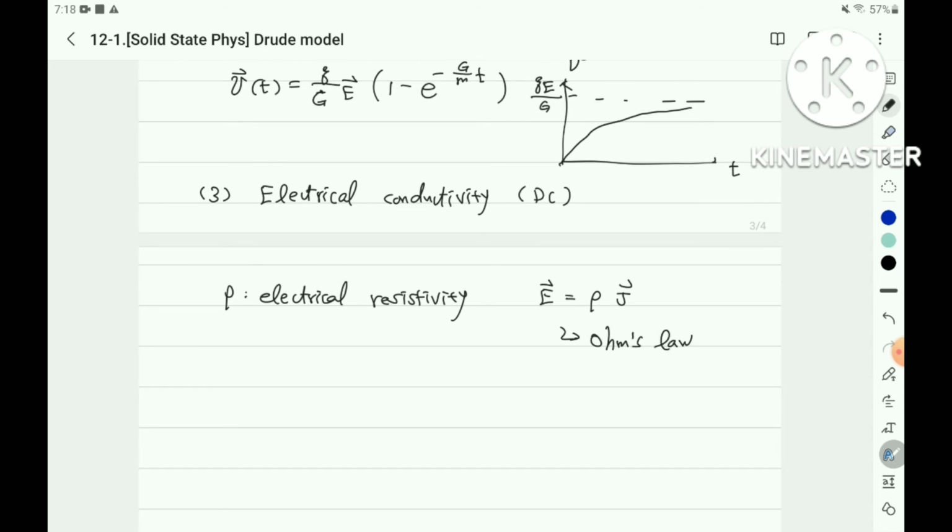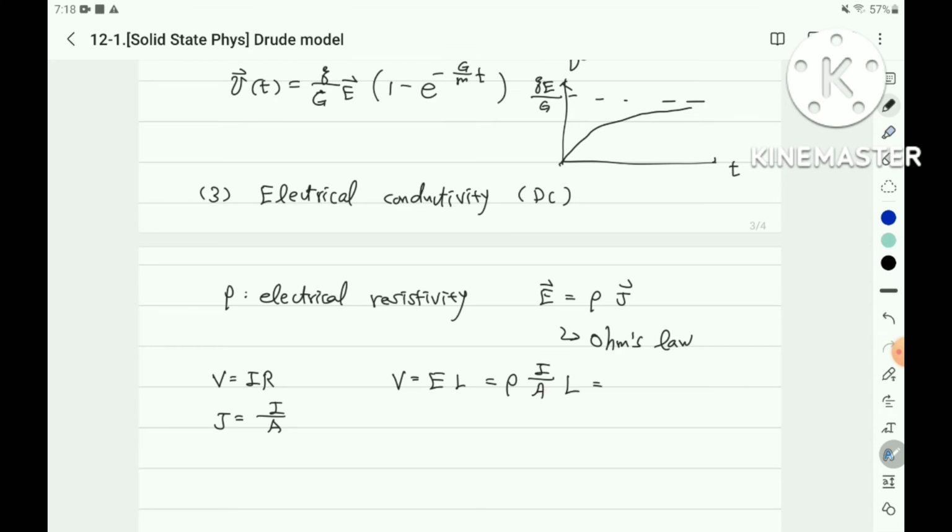In Ohm's law, V equals IR, then V equals EL, and J, the electric current density, is in amperes per square centimeter, and therefore the electric field. And also here E means, from Ohm's law, rho J is I over A times L.